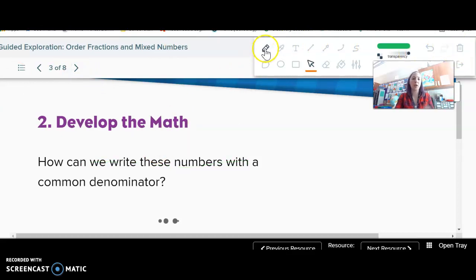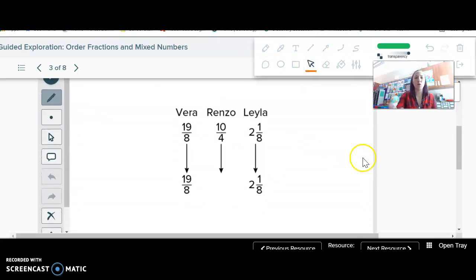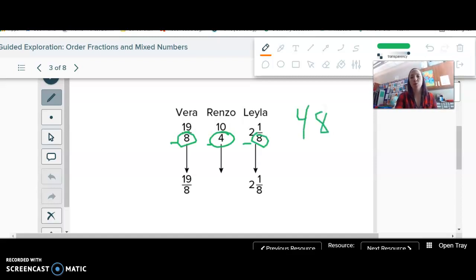So how would we write these fractions with a common denominator? Like, what does that mean? If we look, we have 8ths, 4ths, and 8ths. So I need to think about what is a common multiple of these numbers. If I have 4, 8, 12, 16, 20, I'm writing out the multiples of 4.